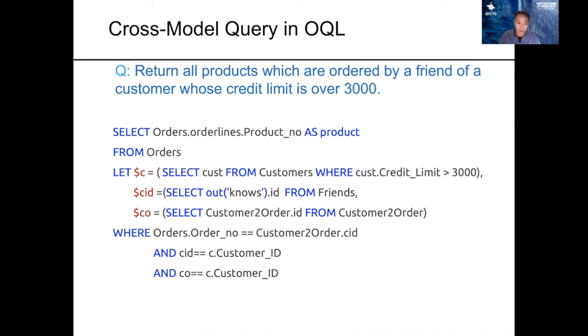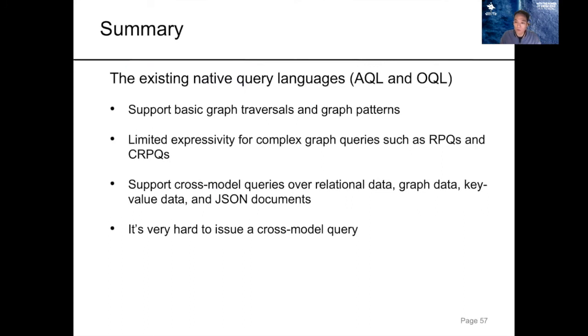And in the where clause, we are doing a join. Therefore, we can get the result. So let's make a summary. The existing native core language supports basic graph traversal and graph patterns.